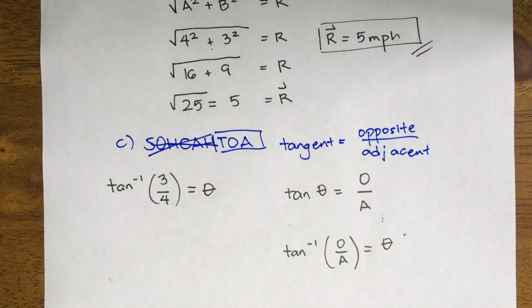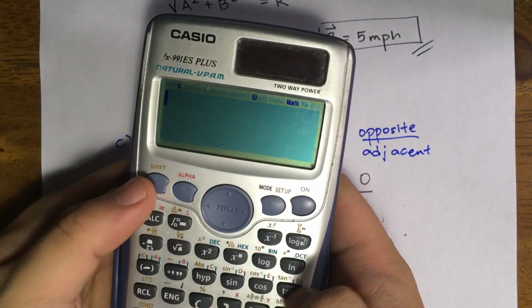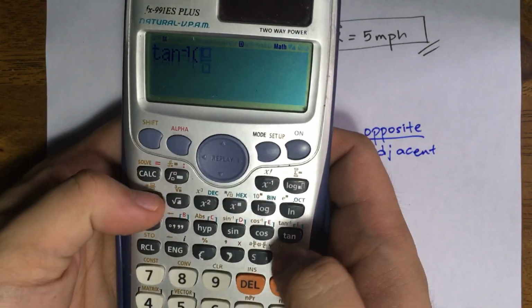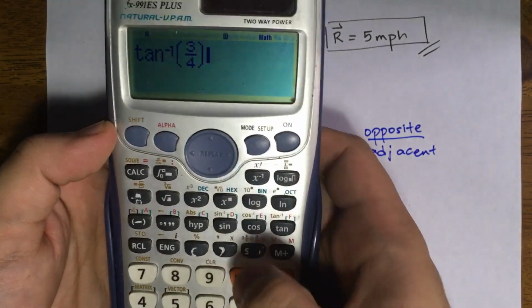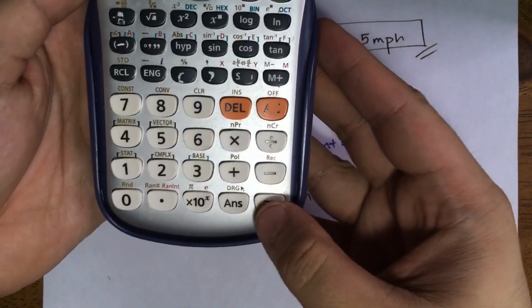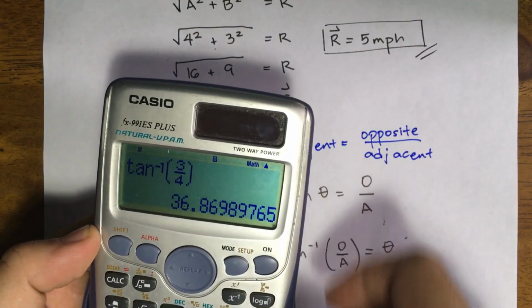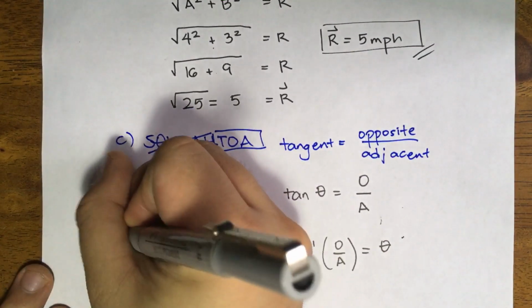Now, if I get my calculator real quick, we can actually solve for the value. To get tangent inverse, we just go shift tangent inverse of 3 over 4. When I press the equal sign like so, that should give me the angle, 36.86 degrees.